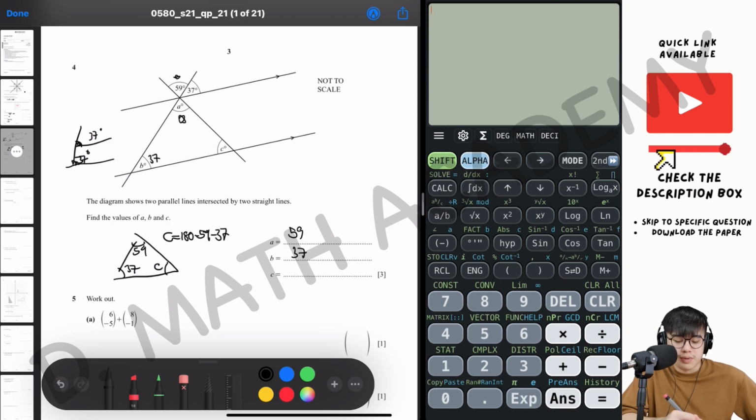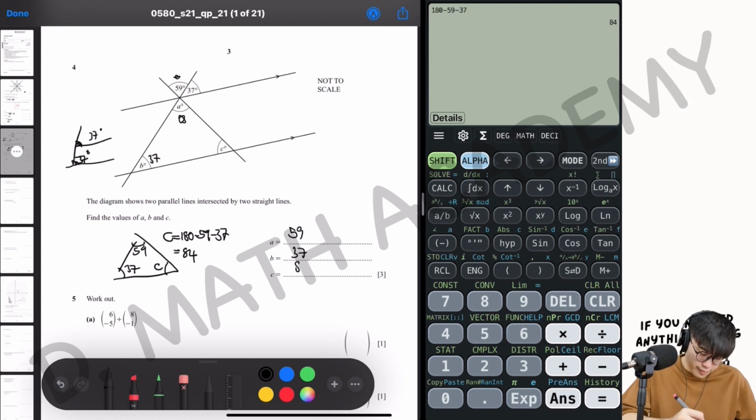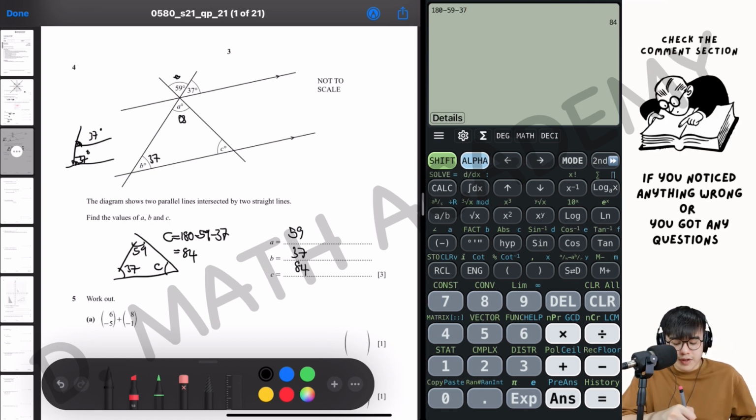Then you should be able to get your answer, which is actually 84. Alternatively, if you pay enough attention, you can use the corresponding angle rules again by linking these two angles together. Because this part here is also a straight line, that should be 180 degrees as well.